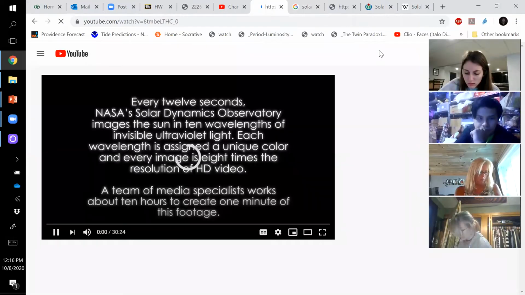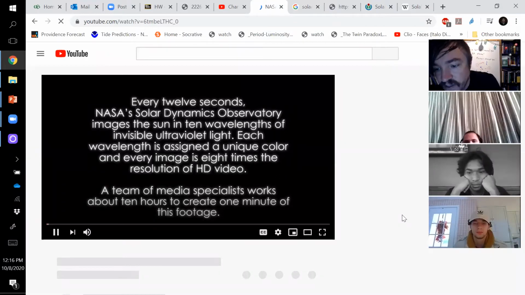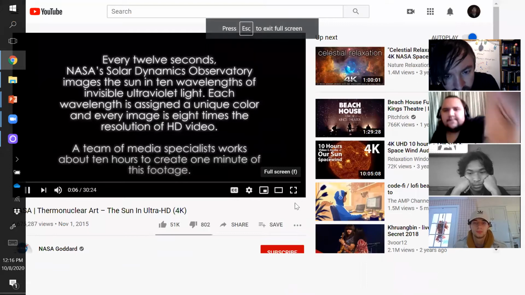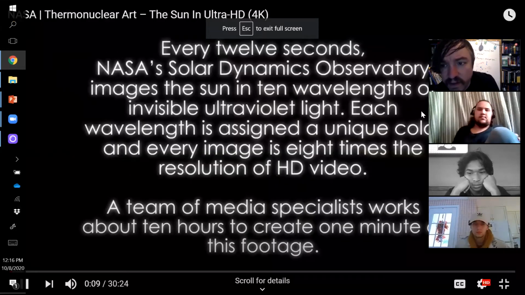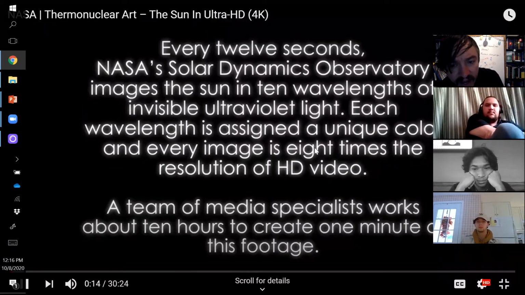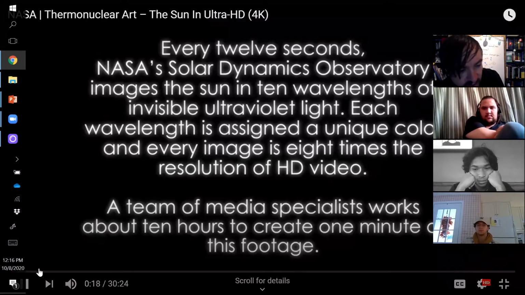It's especially cool if you have a high definition television or projector or something. So here you can see that they're going to be showing you different wavelengths from X-rays to visible. And, you know, they have to work hours and hours just to create a minute of this footage.